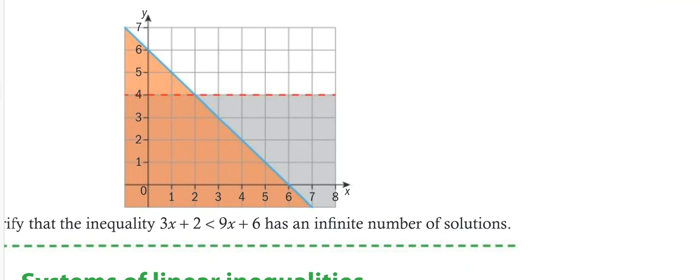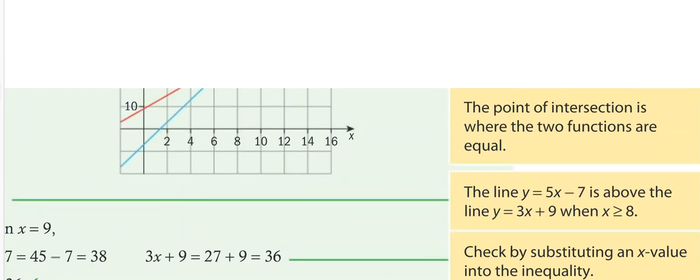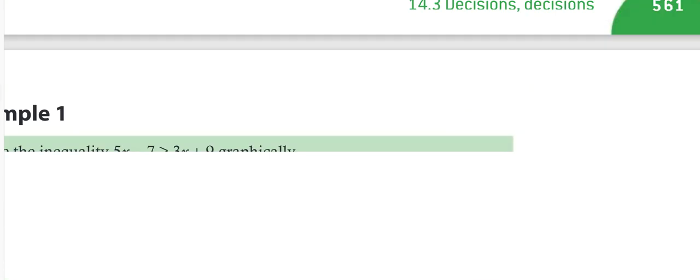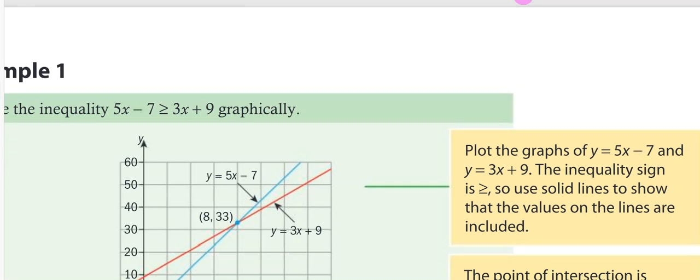So remember x is all of the points, not just some of the points. We're going to regions, and then we're going into something called linear programming, where we have to find particular points in the regions. It sounds more impressive than it actually is. But you can understand how we've been doing all this. You've got all the skills.